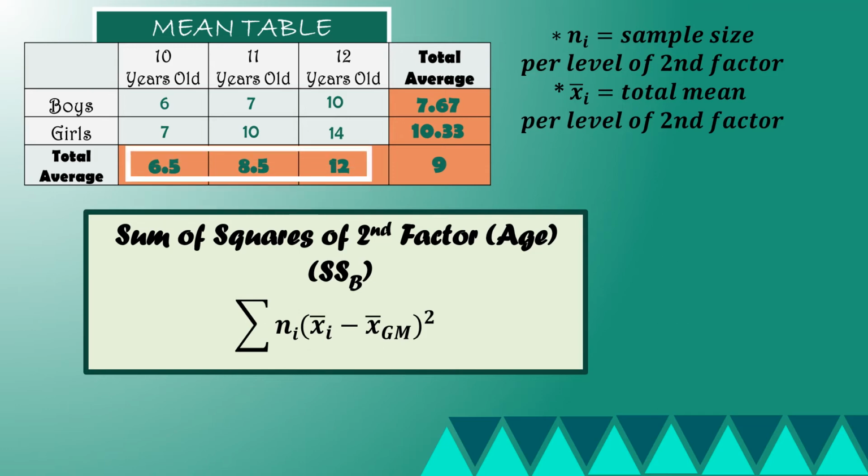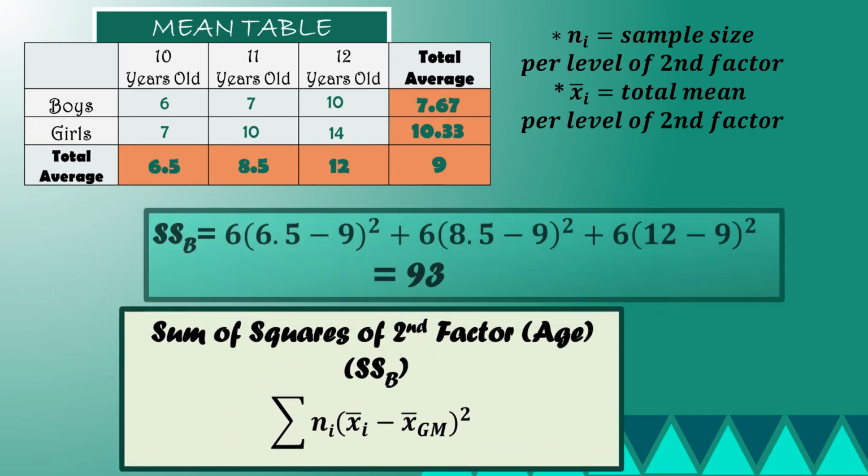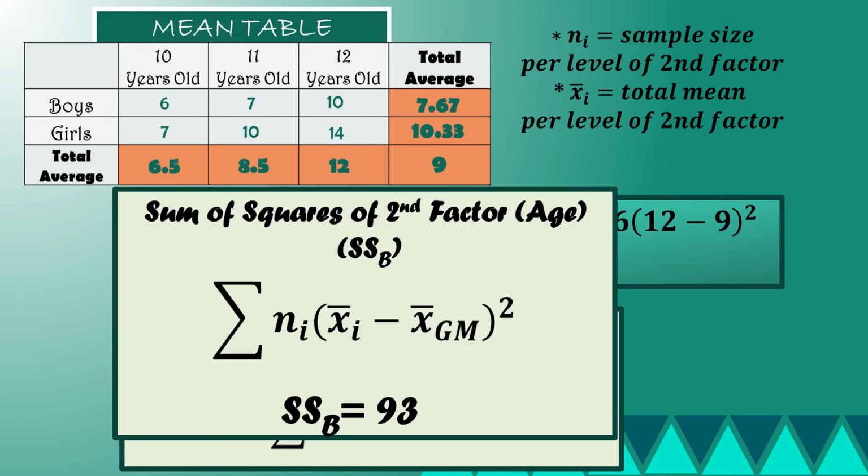And mean sub i is equal to the total mean of the level of the second factor. So the sum of squares of the second factor is equal to 6 times (6.5 minus 9) squared plus 6 multiplied by (8.5 minus 9) squared plus 6 multiplied by (12 minus 9) squared, which is equal to 93.